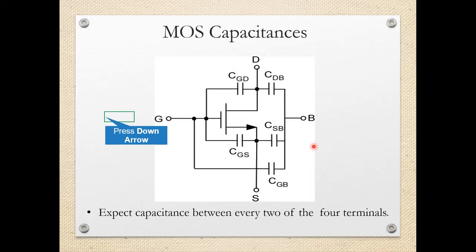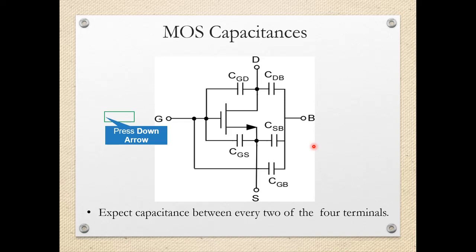So we can expect the capacitance between every two of the four terminals. So we have drain, gate, source and body. So this is your drain terminal, this is the gate. So between drain and gate we have the capacitance CGD. Between gate and source we have the capacitance CGS.